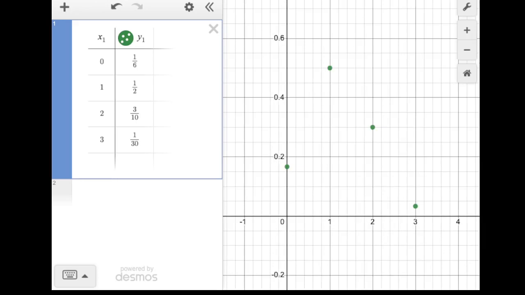And so there, notice there's a little bit more height, in a sense, on the left side. And then you have the probability of 3 being much less than the probability of 0, and similarly, the probability of 2 being much less than the probability of 1.